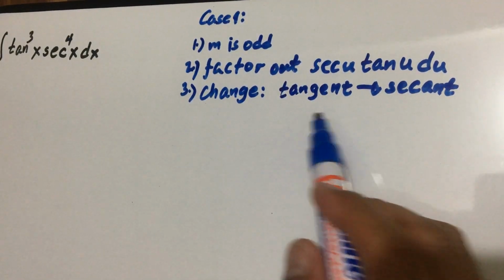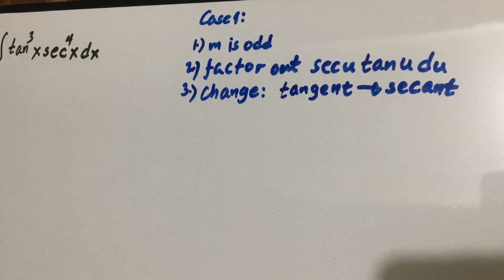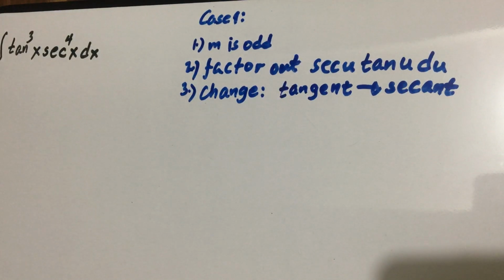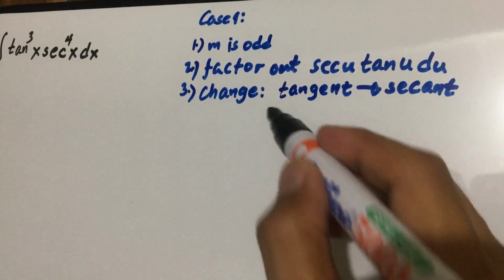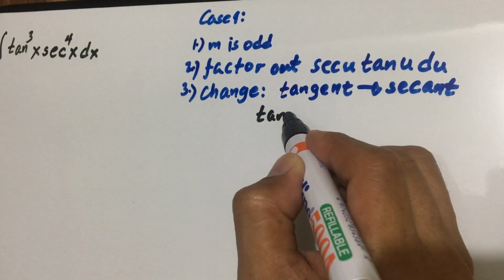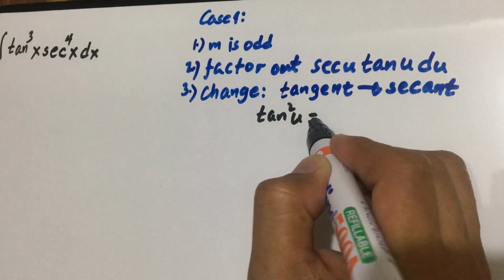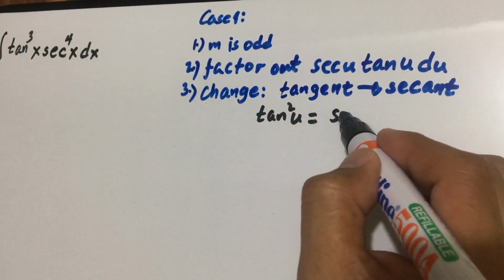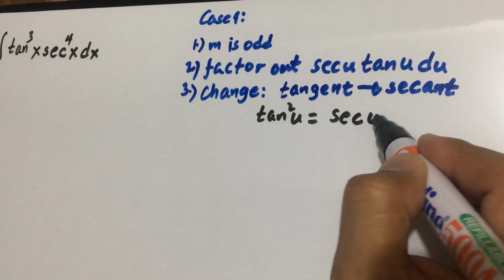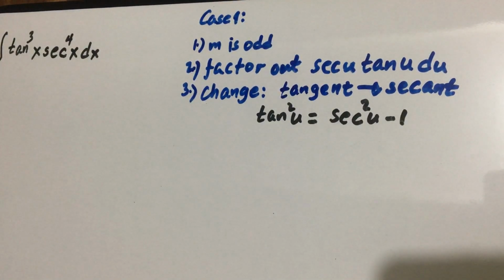To change tangent to secant, we need to use this trigonometric identity, which is tangent squared u equals secant squared u minus 1. So we are going to use that identity.